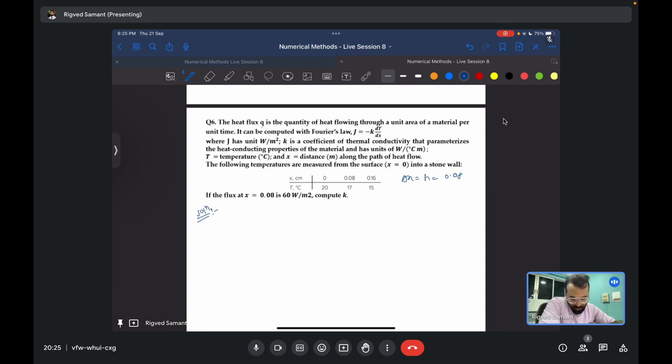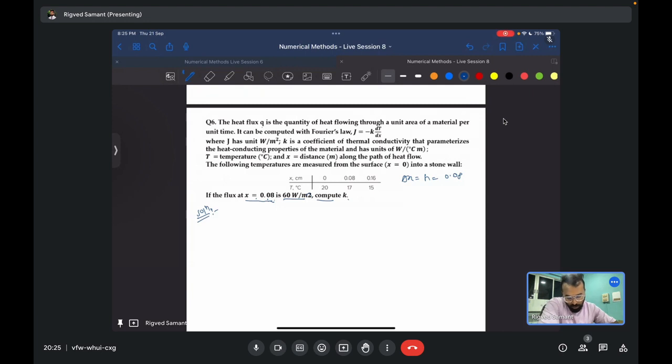T is a temperature in degree centigrade, x is a distance in meter along the path of the heat flow. Following temperatures are measured from x0 into the stone wall. If the flux at x equal to 0.08 is this, compute K.